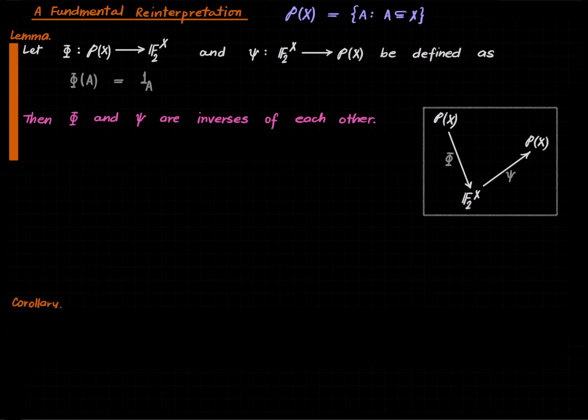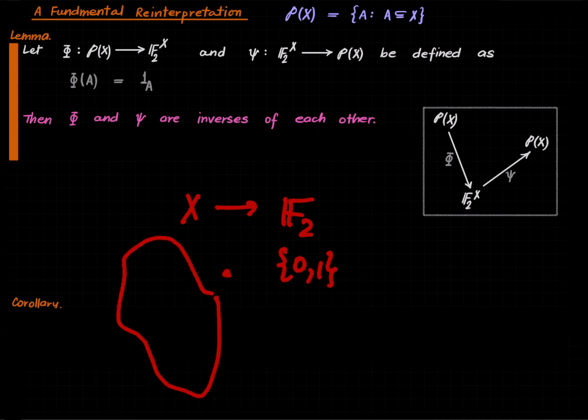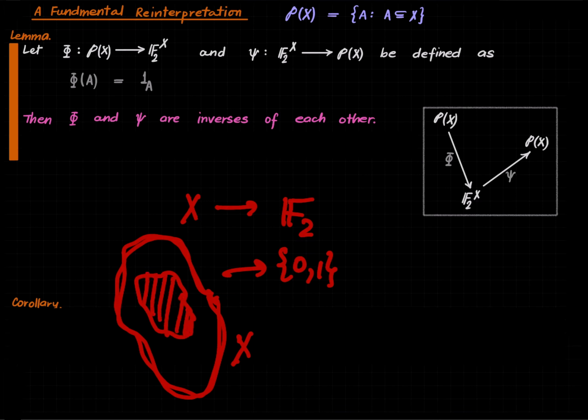Similarly, what is the most natural function from this to that? Well, if you pick something here, it's a function from X into F2, right? But F2 as a set is just this thing. So you have a function from X into that guy. Some of the elements of X are going to 1 and the others are going to 0. So let's say these are going to 1 and everything else is going to 0. So in some sense, psi is captured by this part or its complement, but let's say just this part.